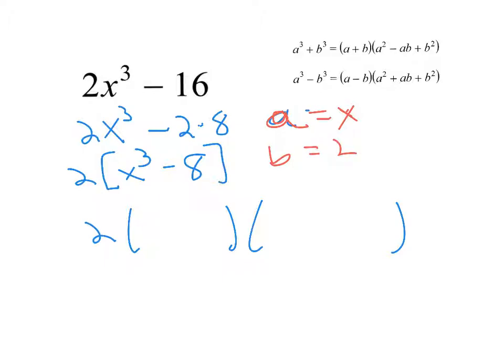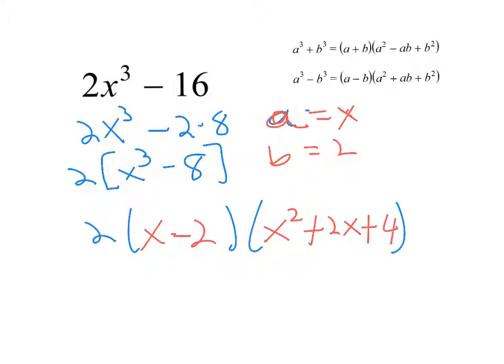So now we're going to fill this up. It will be x minus 2 for a minus b, and then x squared for a squared, and then 2 times x is 2x, but it's going to be plus 2x, and then b squared is 2 squared, which is 4, and it's also plus 4.